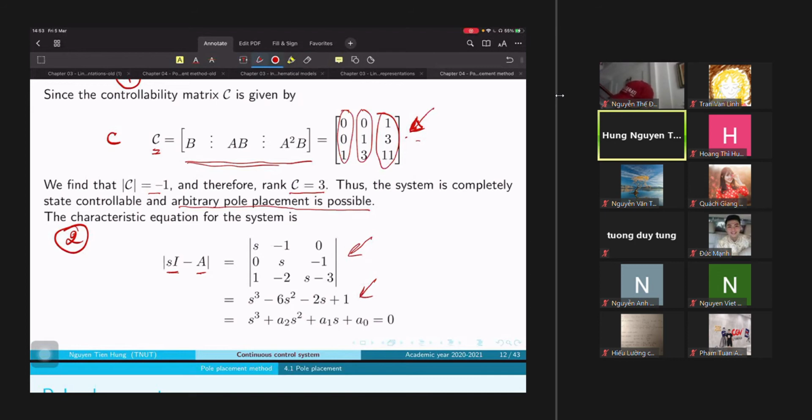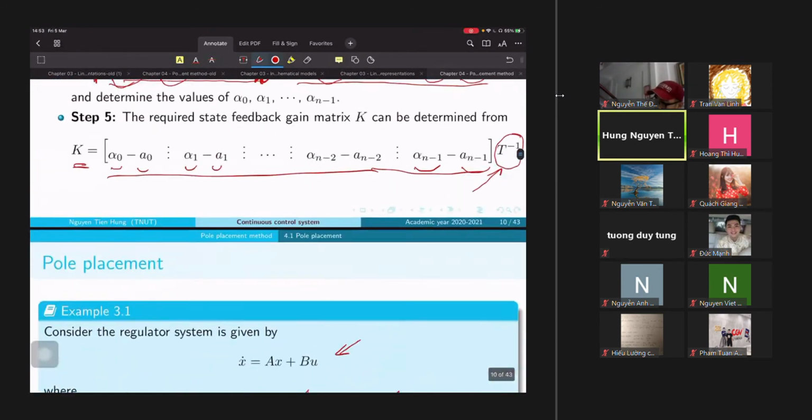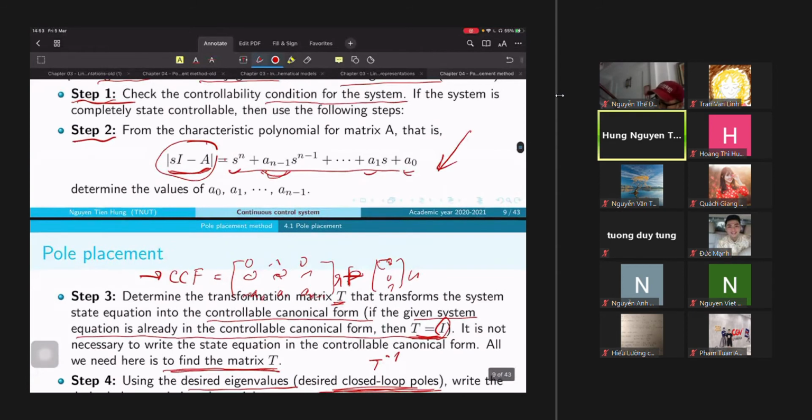So a3 in this case is 1, and here we have a2 is 6, a1 is minus 6, a1 is minus 2, and a naught is 1. So we find this in step number 2. So we determine all of these values.